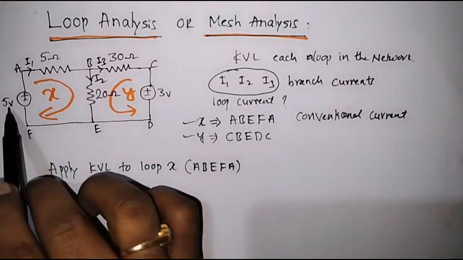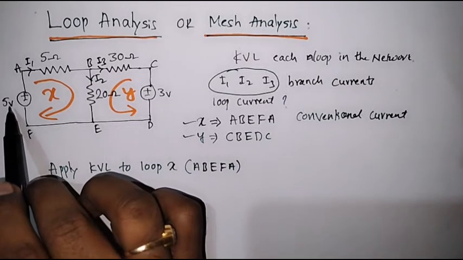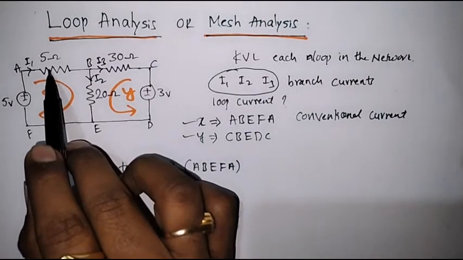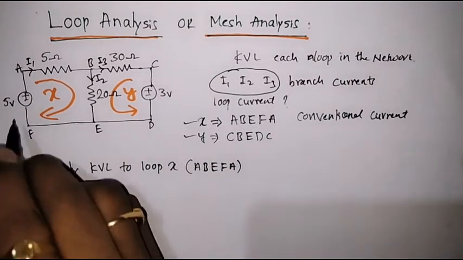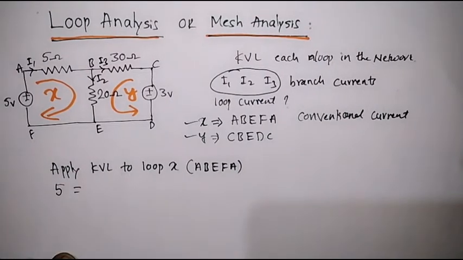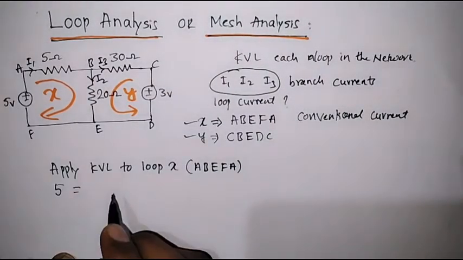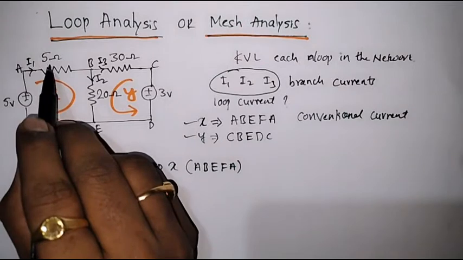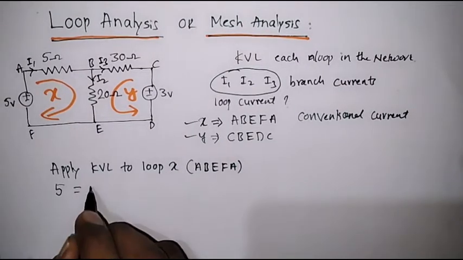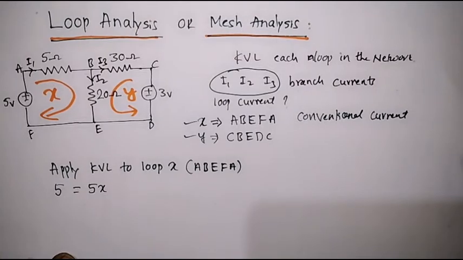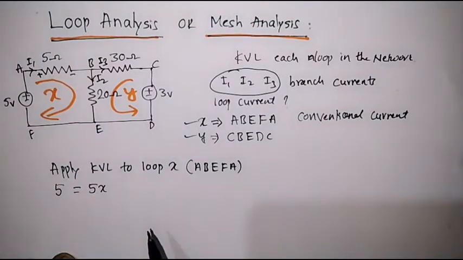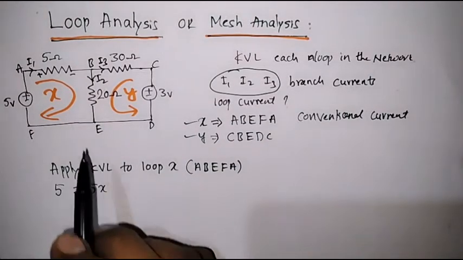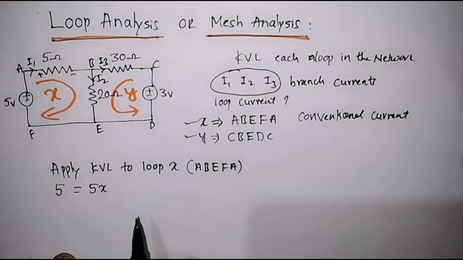So I can say 5 volt is equal to voltage drop across 5 ohm resistor plus voltage drop across 20 ohm resistor. That is, the supply voltage is equal to voltage across 5 ohm resistor. Voltage is nothing but current into resistor. In the 5 ohm resistor current X is flowing, that is 5x. Always remember that current entering the resistor is positive compared to current leaving the resistor. So now 5 is equal to the drop across this, which is 5x.